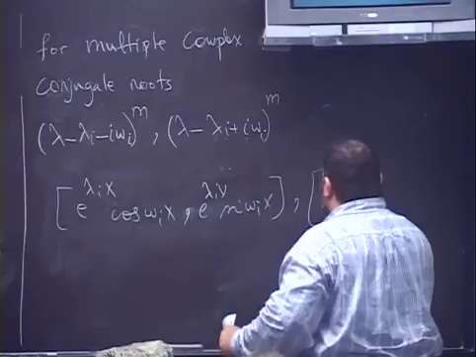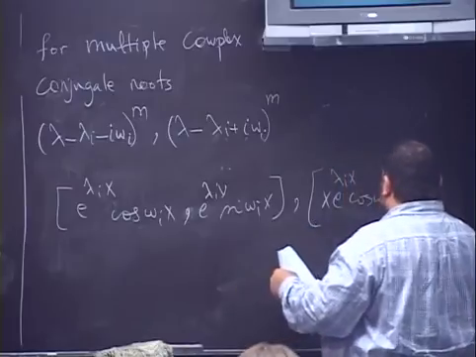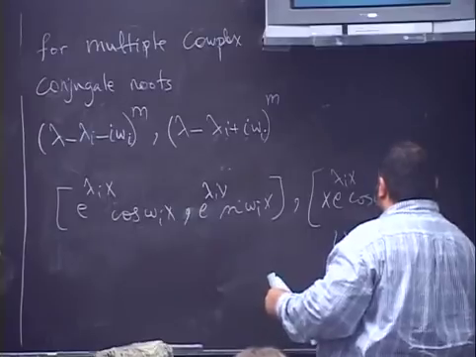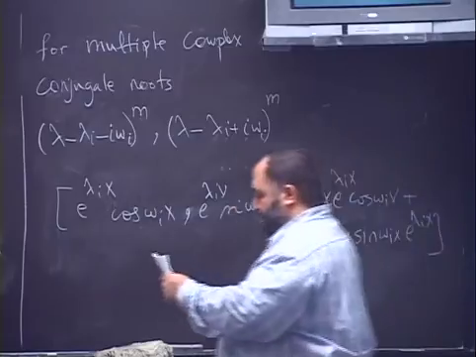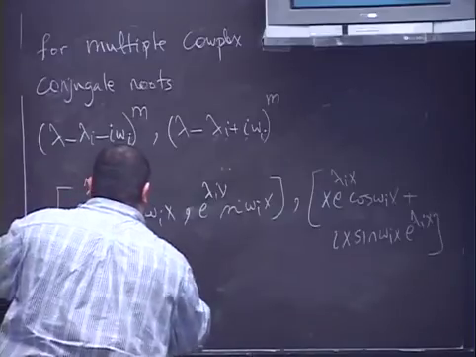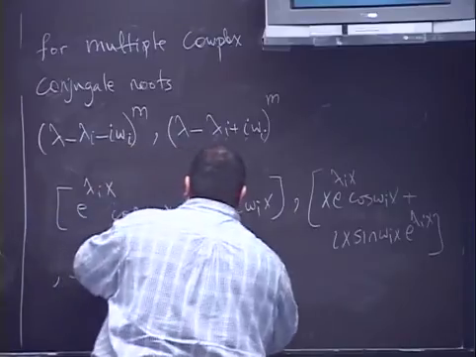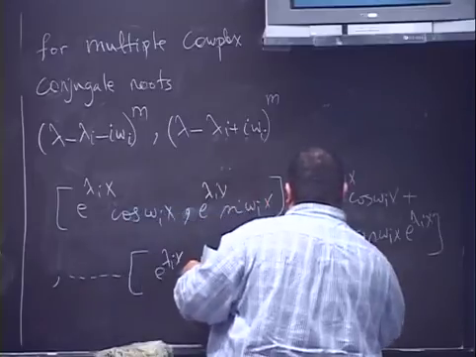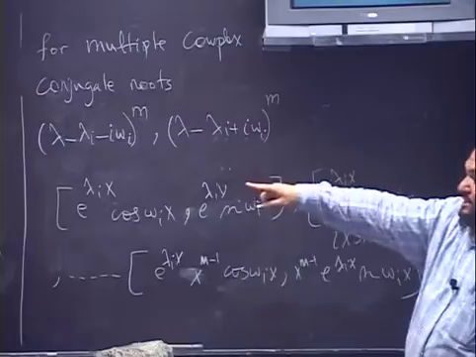The second pair will be x e to the power of lambda_i x cosine omega_i x and x e to the power of lambda_i x sine omega_i x, up to x to the power of m minus 1 e to the power of lambda_i x cosine omega_i x and x to the power of m minus 1 e to the power of lambda_i x sine omega_i x. So it is exactly the same as we did over there.